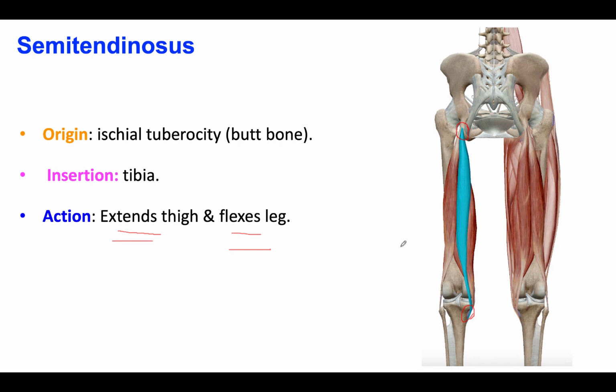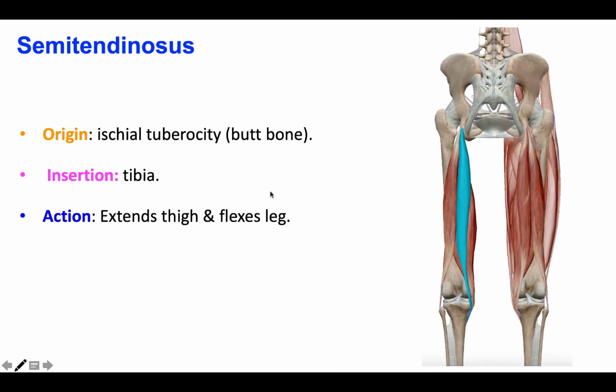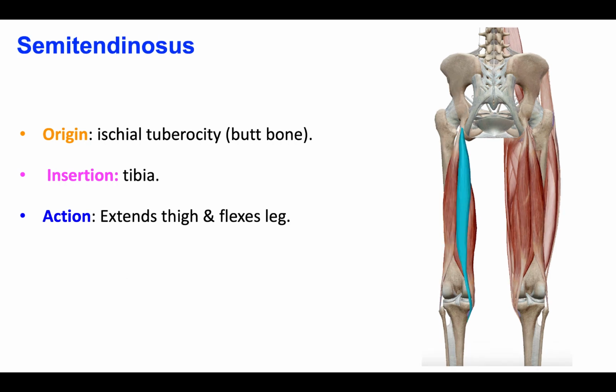The good thing about these pictures is you can see the hamstrings, and then we have our highlighted muscle that we want to focus on. And so I want to point something out really quick. Biceps femoris, from the posterior view, is lateral.